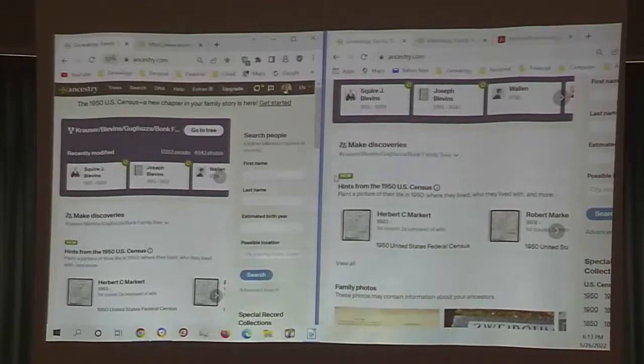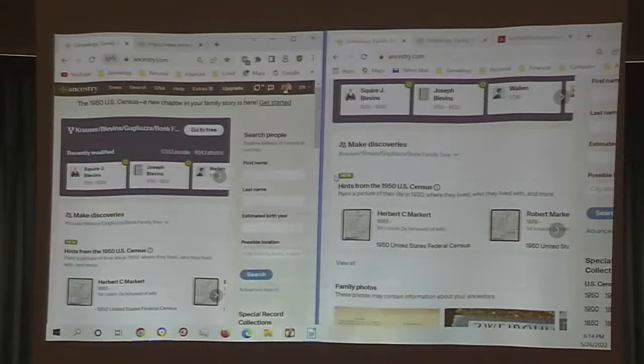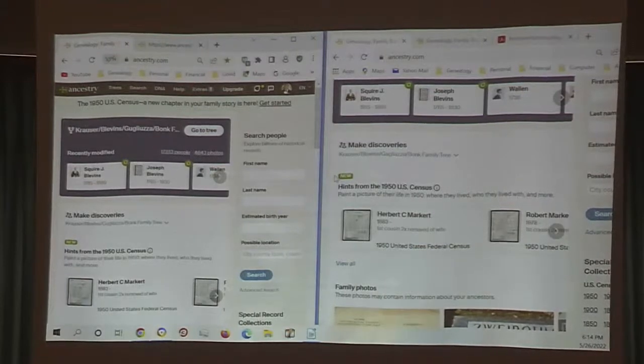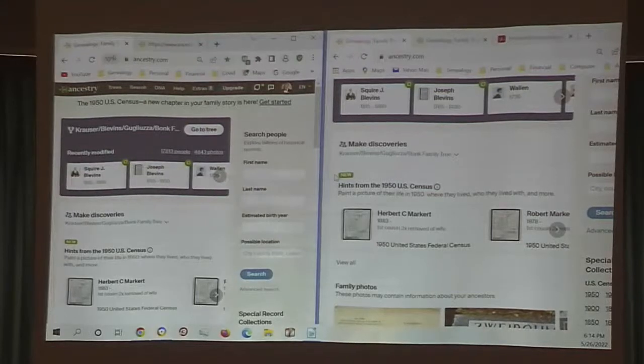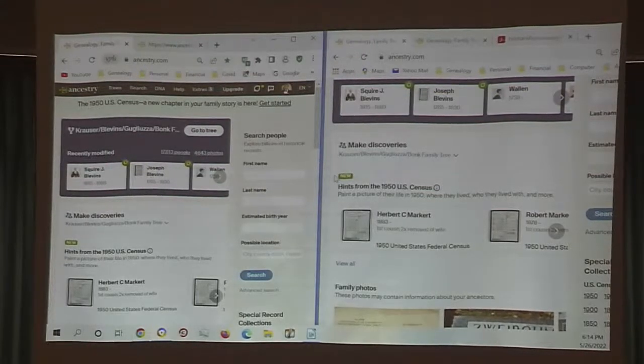Everybody know what a browser is? A browser is the window that gets you to the internet. Edge, Chrome, Firefox, all those are browsers. A lot of times when I say the word browser, people's eyes glaze over. But a browser is nothing but the window that gets you to the internet so that you can see what's on the internet.